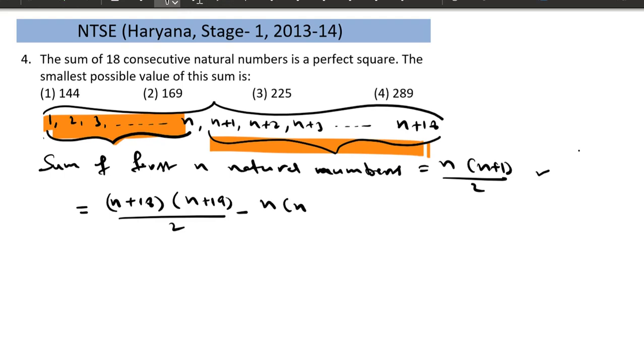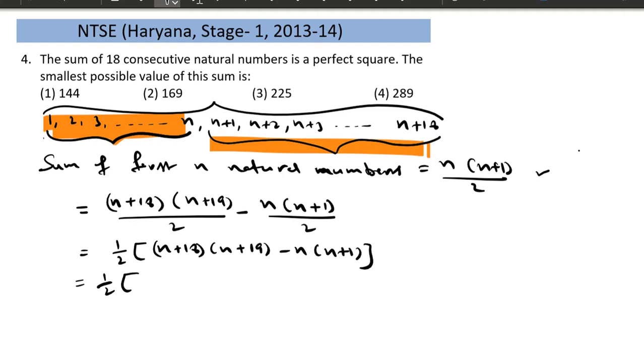Now if you take 1 by 2 common, inside it will be n plus 18 into n plus 19 minus n into n plus 1.